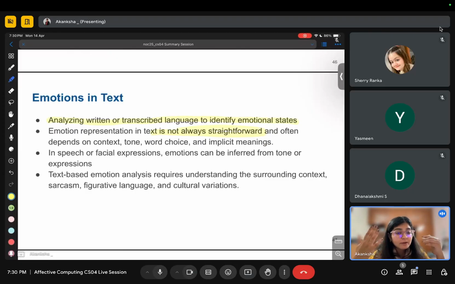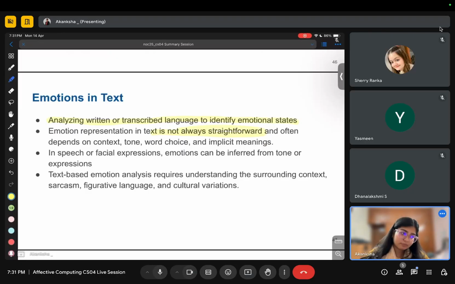Also, we say that just messaging is not the best way to convey your feelings to tell something to someone, because misunderstandings usually happen in the text modality, because they don't know which tone you used, or what your intent was while writing that message. Okay, so text based emotion analysis is fine, but it should not be used alone. Usually it is used in combination with some other modality.